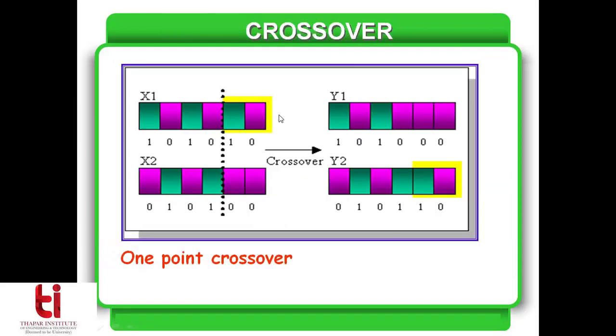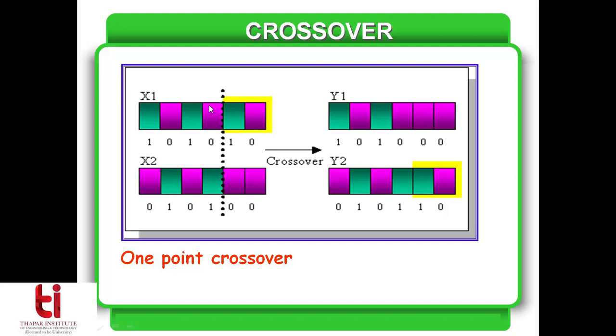Now let's start with the types of crossovers which can be done. Considering the binary encoding scheme, the simplest form of crossover which can be carried out is the one point crossover or single site crossover. In the single site crossover, a cross site is randomly selected along the length of the chromosome.